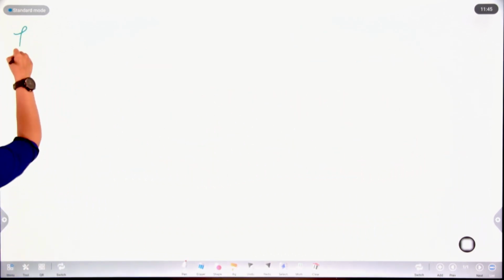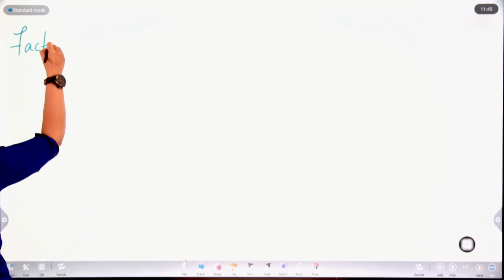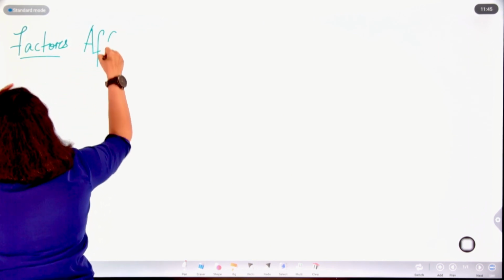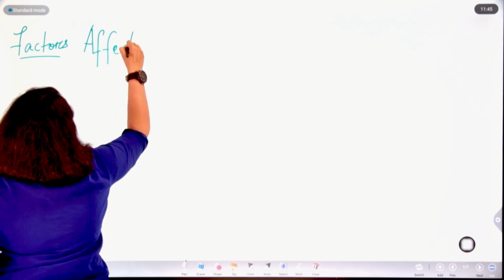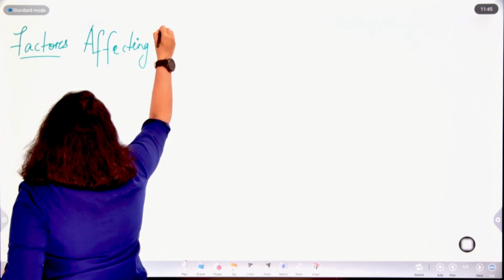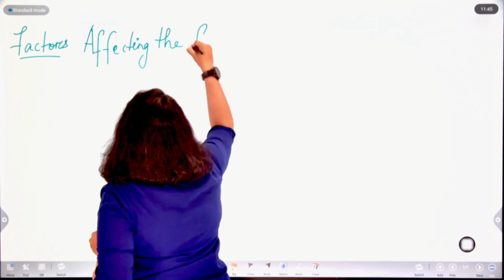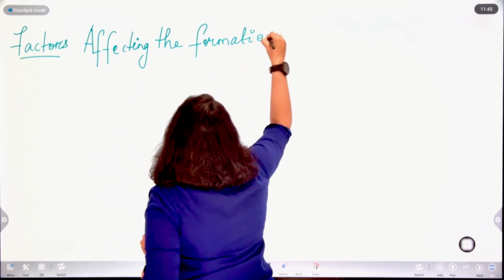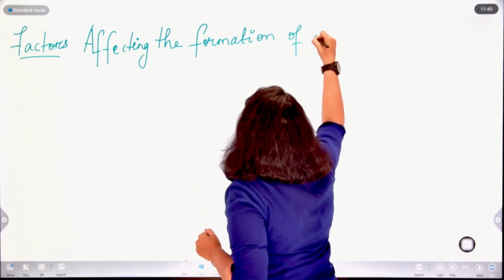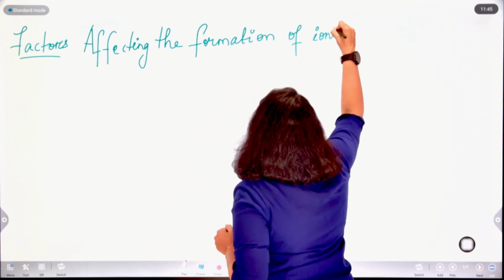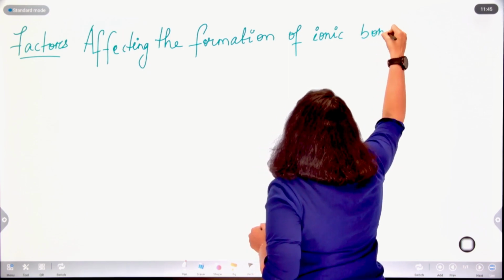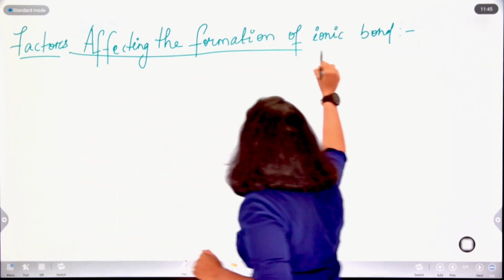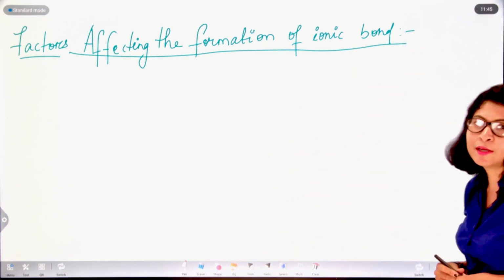Factors affecting the formation of ionic bond.